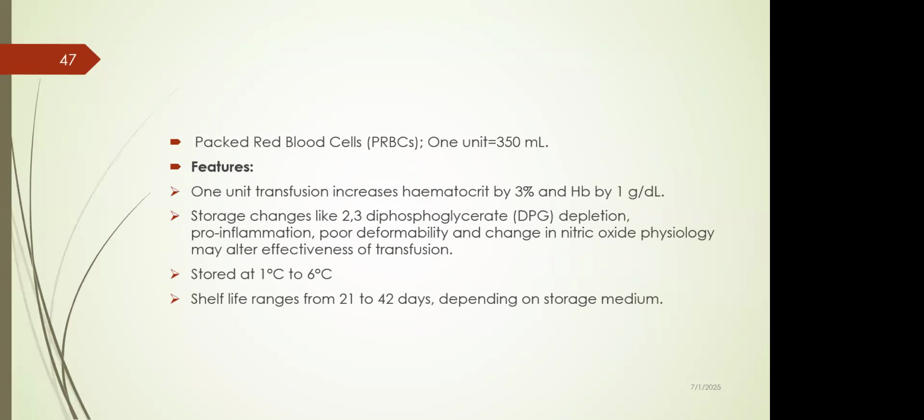And then a unit that is transfused will increase the packed cell volume by 3% and the hemoglobin by 1 gram per dl. When stored, the 2,3-diphosphoglycerate begins to depreciate.